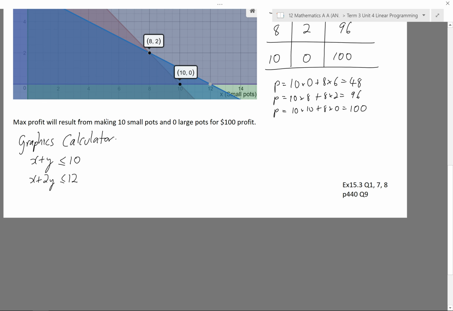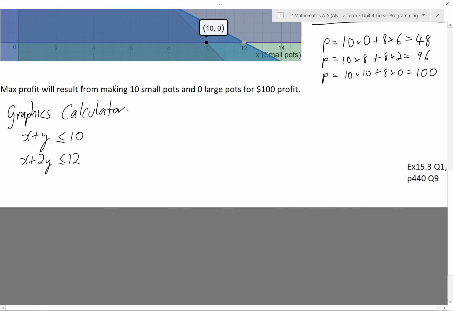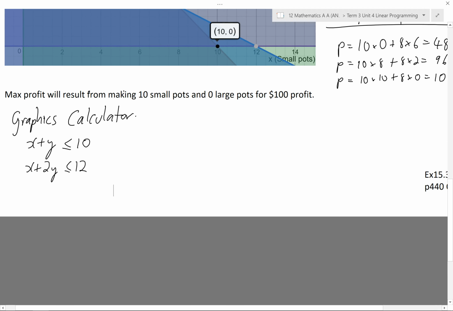Unfortunately, with graphics calculator, we need to rearrange these inequalities before we can graph them. Also, there are ways that you can graph the inequalities and have it shade on your calculator, but I think for our purposes it's easier just to graph the equations.